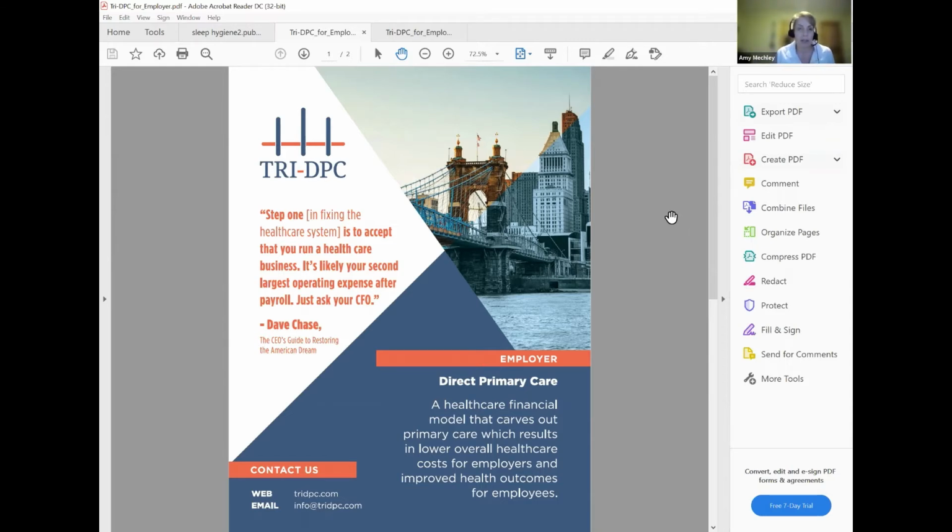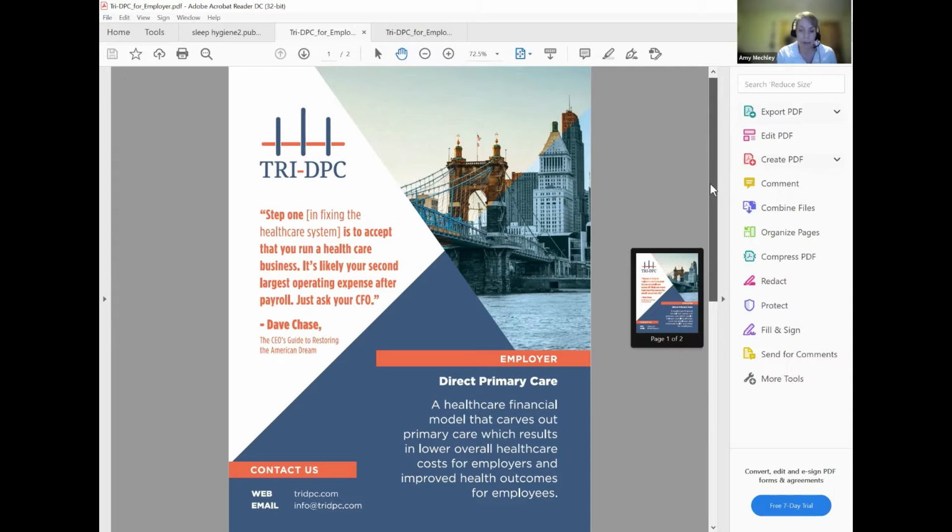I'm happy to tell you all the things that we've needed to do to get there. So this is what we hand out to, I can't remember if this is the employer or the employee, the employer. It's trying to help them understand what DPC is, and that we are primary care. We're not an urgent care clinic that's using some of the same terminology.